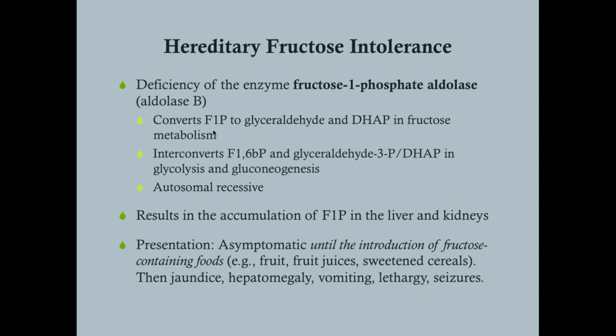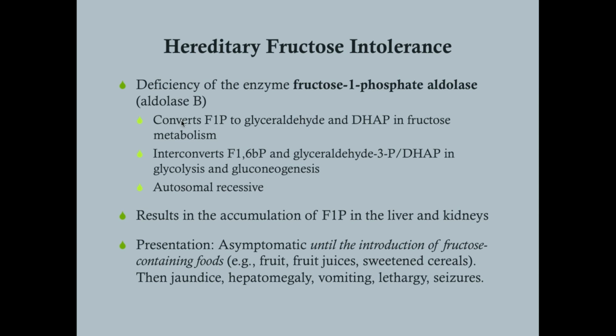It converts that fructose 1-phosphate, which we talked about as a product of fructose metabolism, to glyceraldehyde and DHAP, dihydroxyacetone phosphate, in fructose metabolism. And then it also converts fructose 1,6-bisphosphate, which is a product of glycolysis, into glyceraldehyde 3-phosphate and DHAP, and these work both ways. And that plays a role in glycolysis and in gluconeogenesis.